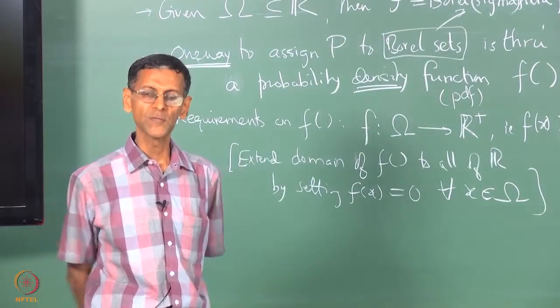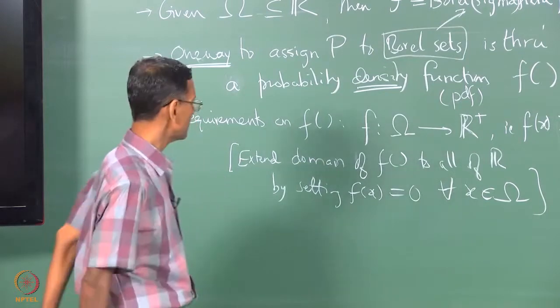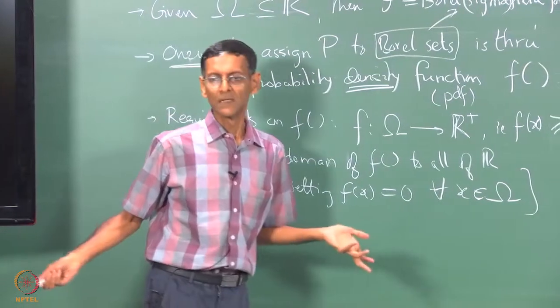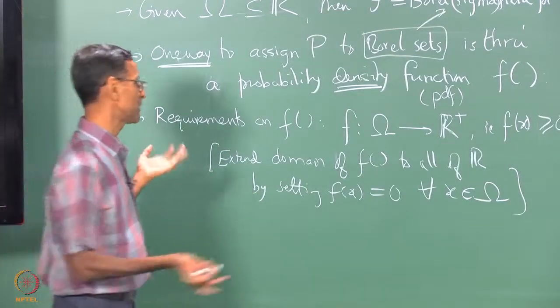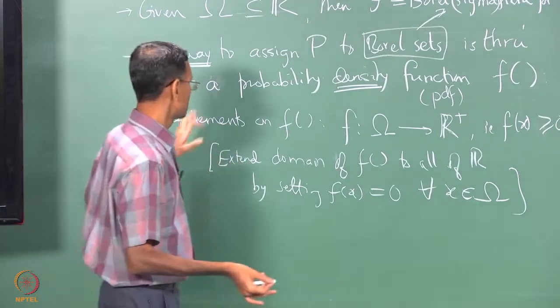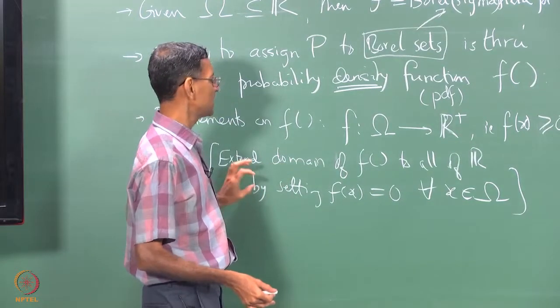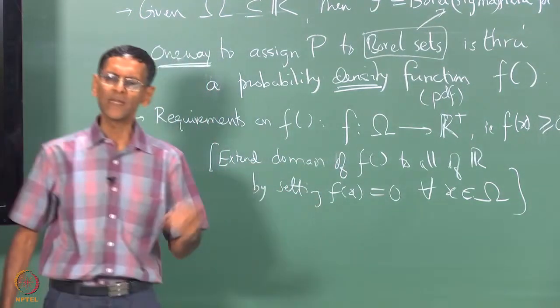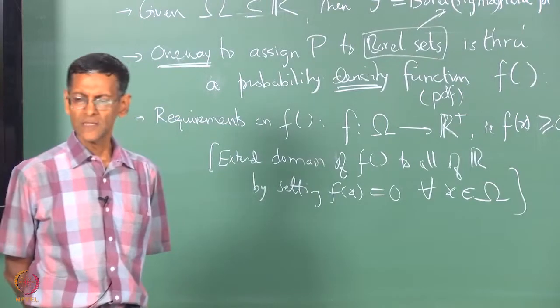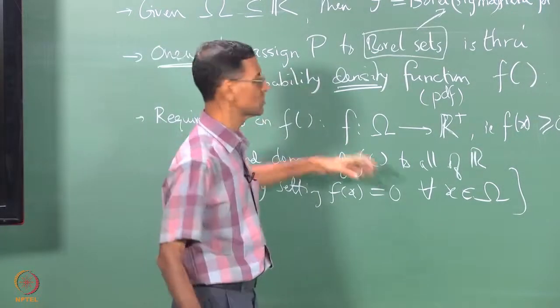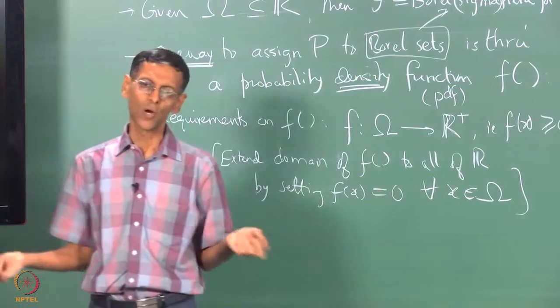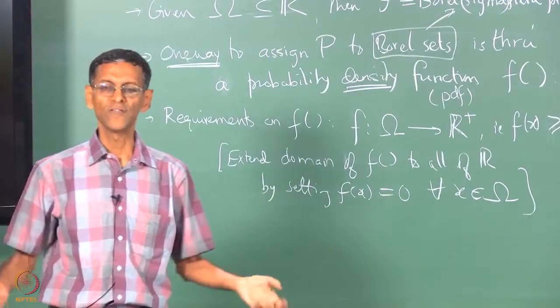Such as a pointer which spins between 0 and 2 pi, or any other limited portion of the real line for any particular experiment that we care to consider, right. But typically the way in which these probability density functions are defined is to define them to be 0 outside omega as well, so that there is no confusion.